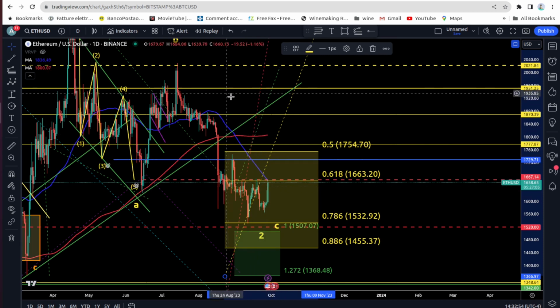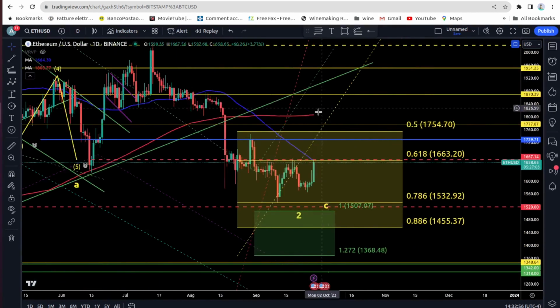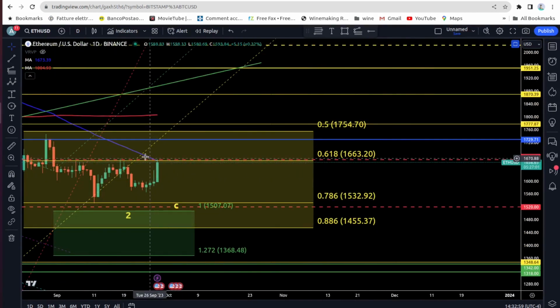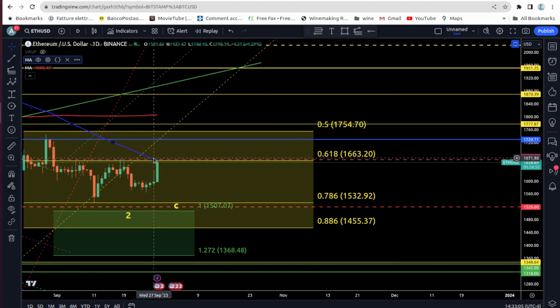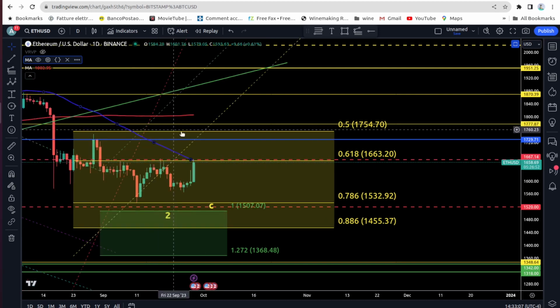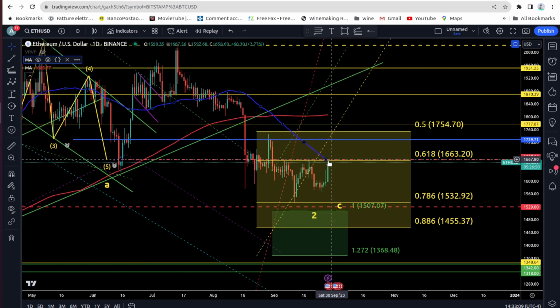As you can see today, we are fighting. This is the MA 50, and as you can see today, it did act as a resistance. Let's see if we can actually break this resistance and eventually use it as a support and build up from there.